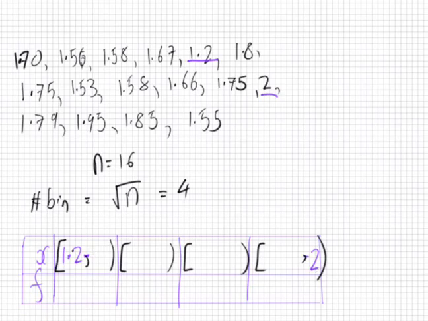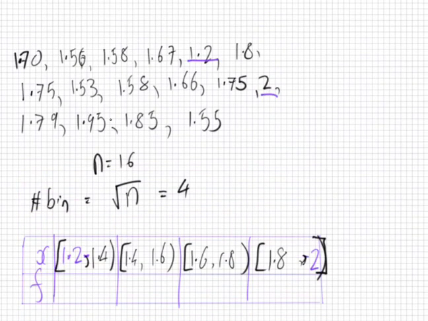It was the biggest minus the smallest divided by how many bins I need, and I got an answer of 0.2. So I'll go up in 0.2s. The last bracket, shouldn't you make it a square bracket? Oh yeah, actually you're right. Sorry Faisal, it's because we do have a 2 here. So I'll make this one square at the end.